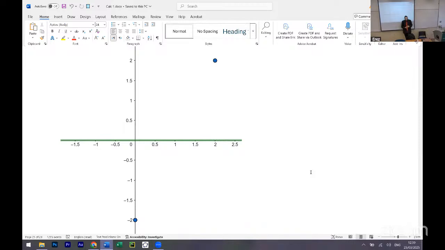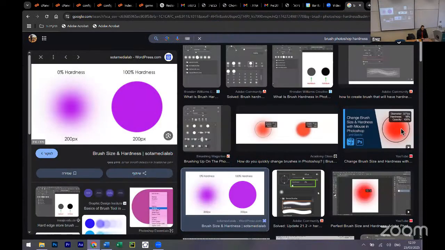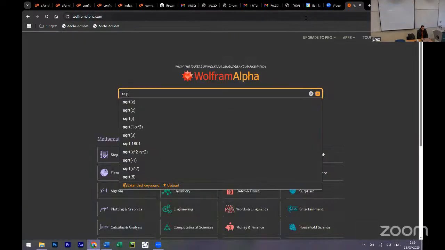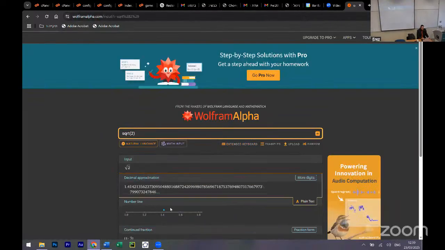Question? The same way that 0.99999 can be represented by 1, can you have a representation like that for irrational numbers? That's the decimal system. If I write square root of 2, say in Wolfram Alpha, it would say square root of 2, and that's that.